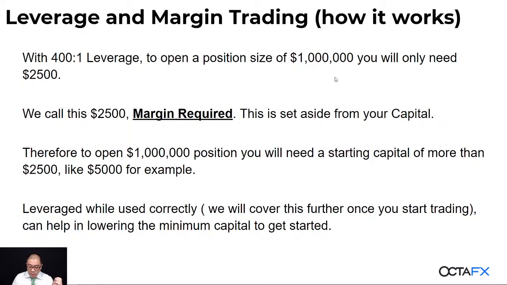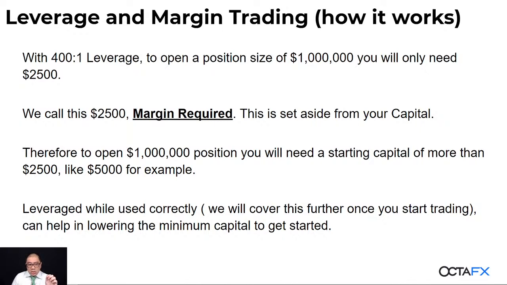So as I mentioned, we're going to be touching on a little bit about margin and leverage. Just an example again, with 400 to 1 leverage to open a position of, let's say, $1 million, you will need to have 2,500 set aside, and that is what we call margin required. This is for your own protection because we are going to be discussing what margin call is, how margin call is calculated, how you're going to get stopped out of the trade if you don't have enough funds in your trading account.